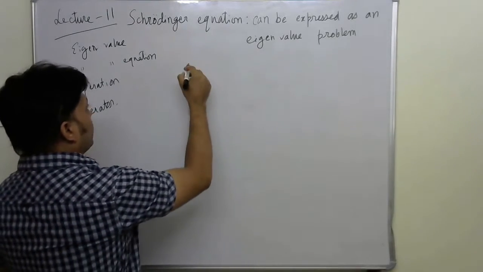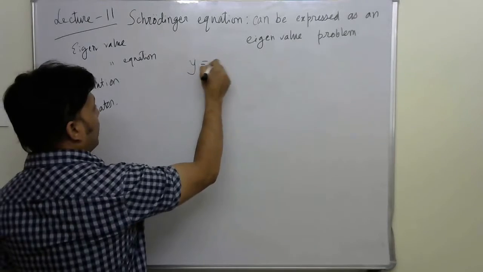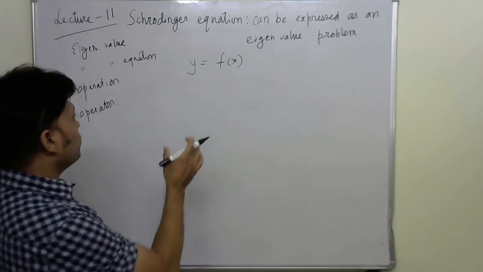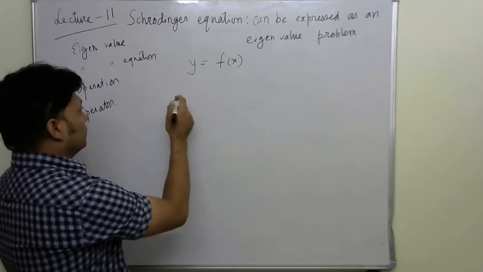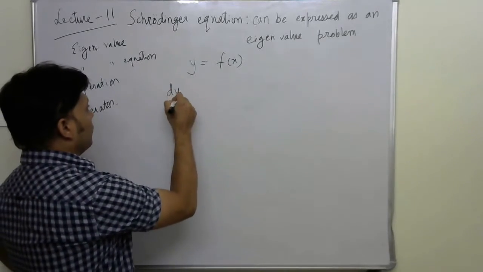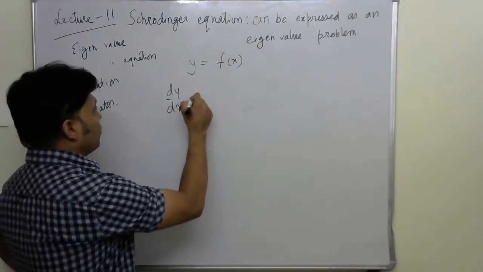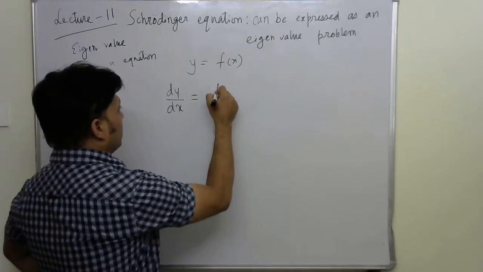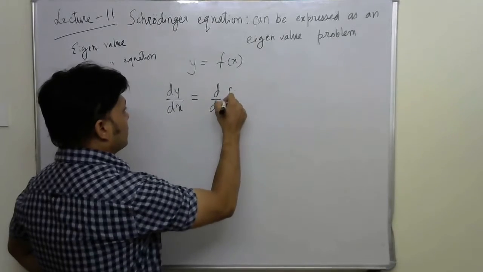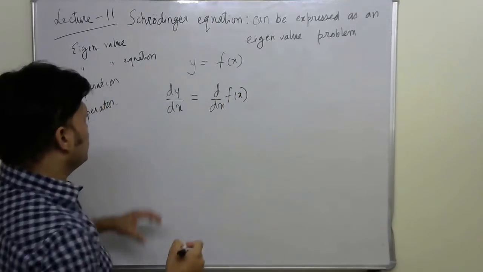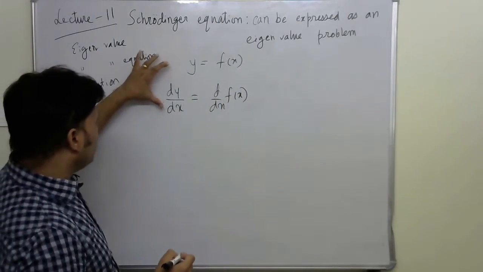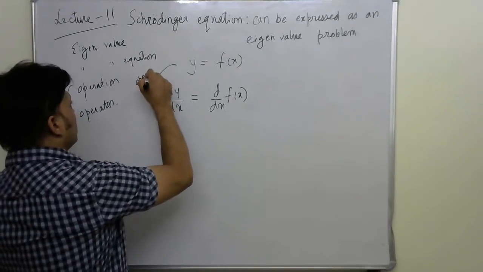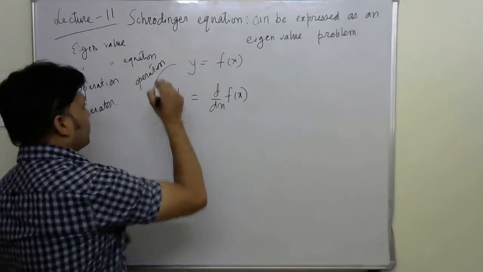Let's imagine that we have a function, y is equal to f(x). Suppose we take a derivative of y, the simple first derivative with respect to x, dy/dx. Then we can write it as d/dx of f(x). The moment we take the derivative, we say that we have done an operation.